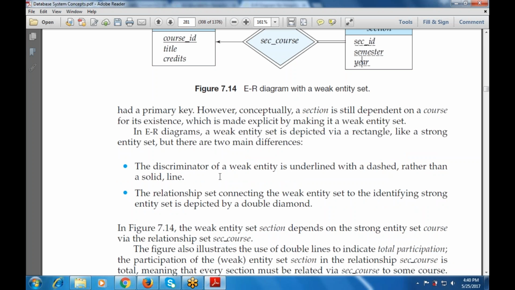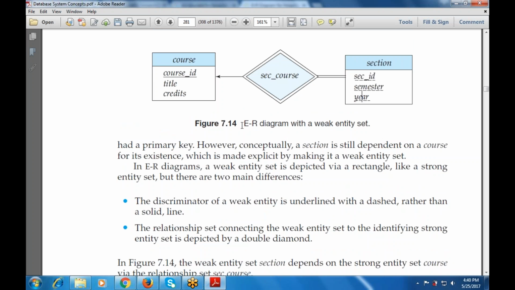Now this weak entity set section depends on the strong entity through the relationship with the course. There is an entity named course, and there are three attributes: course ID, title, and credit. There is again a section, with three attributes: section ID, semester, and year. Now what is the relationship? The section and course have a relationship in between, drawn as a double diamond.